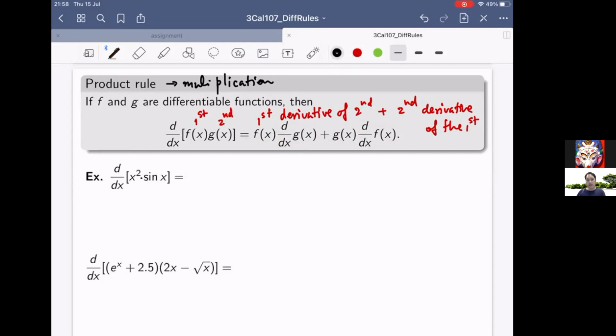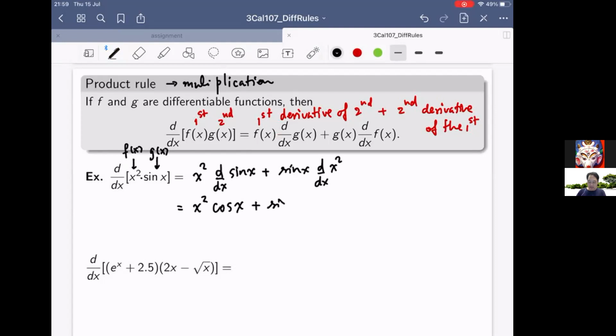Look at this problem. Here f is x squared, and g is sine x. So you have the first times the derivative of the second, plus the second times the derivative of the first. This is the formula. You copy x squared, and the derivative of sine x becomes cosine of x.